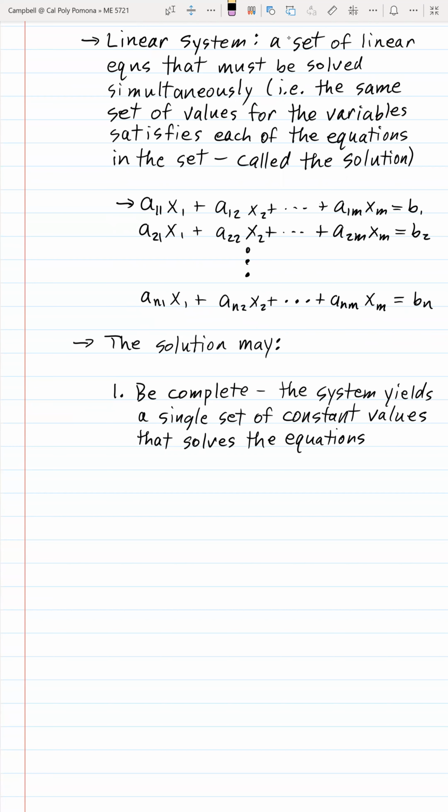So that's one possibility, that for x1 through xm, we just get a particular value for x1, a particular value for x2, all the way on out to a particular value for xm. We plug in those particular values for the x's, and those particular values solve equation 1 and solve equation 2 and solve equation 3 and solve all the equations all the way on out, all the equations associated with that linear system.